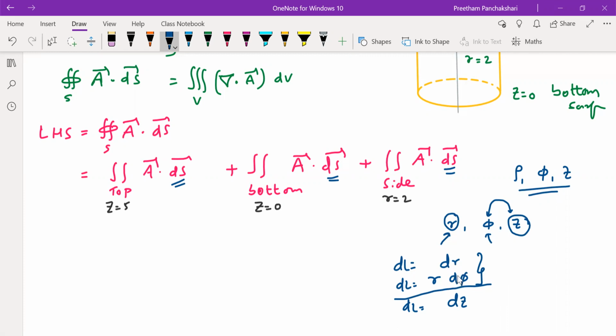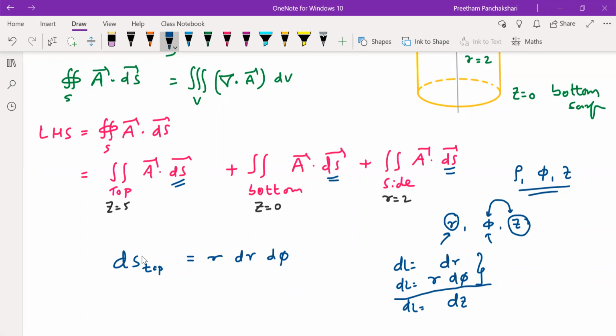These two, when multiplied, define a differential surface element. So the ds element for the top surface is the product of dr and r d phi, which becomes r dr d phi. There won't be any dz; dz means change in z, which is always 0 on the top surface.